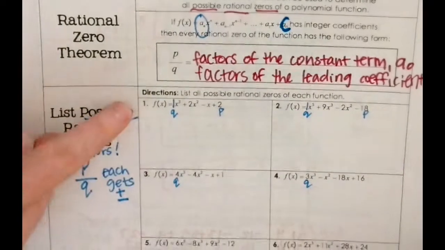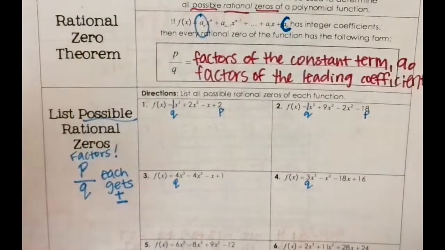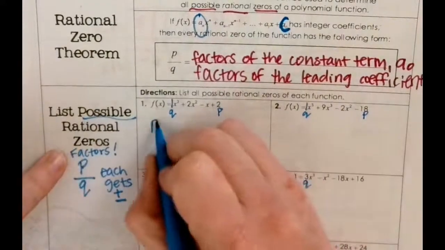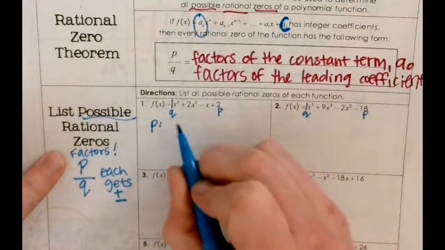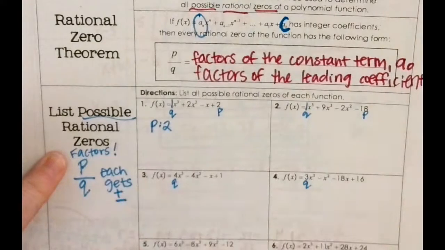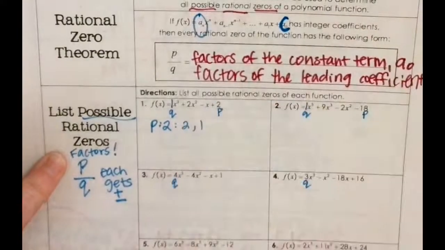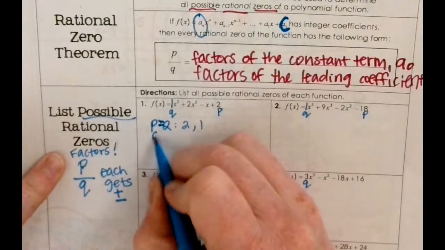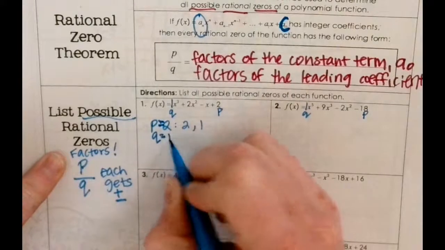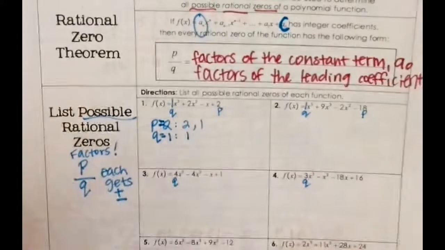So, for 1, we're going to list the possible factors of p. P is 2. What are its factors? Well, they're 2 and 1. Then q's factors, q is 1, so its only factor is 1. Okay?